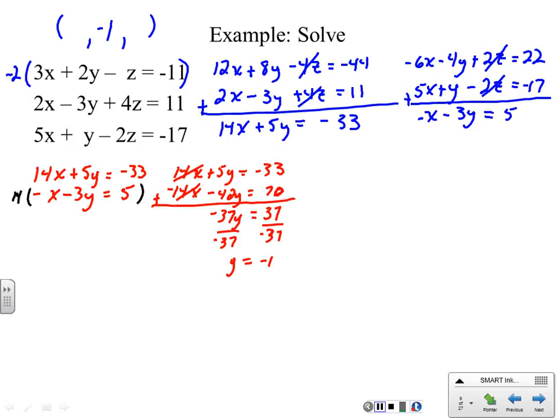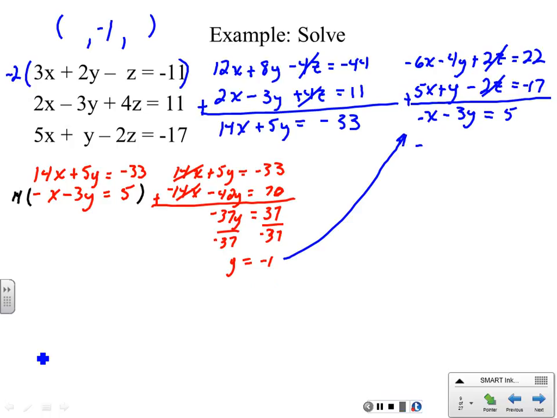But from here, once you have one variable, it's gravy. It's so easy. Okay? Watch this. I'm going to take this negative 1 and plug it into one of my 2 by 2s. And it doesn't matter which one. I think I'm going to plug it in here.